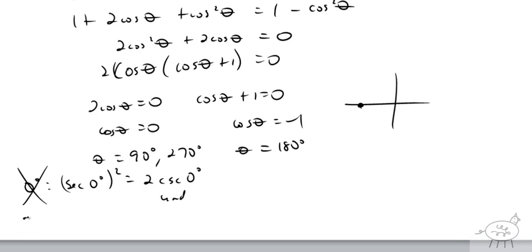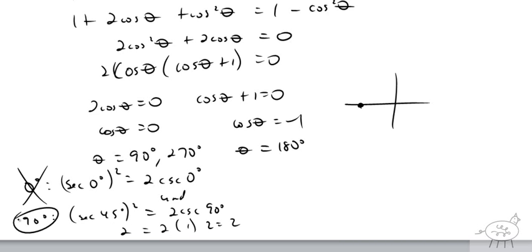Okay, let's do 90 degrees. And that's going to be secant of 90 over 2, which is 45, squared, equals 2 cosecant of 90 degrees. So that's going to be root 2 squared, which is 2. And this is going to be 2 times cosecant of 90, which is 1. So 2 equals 2.